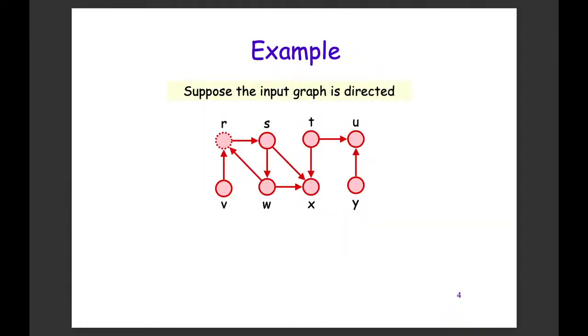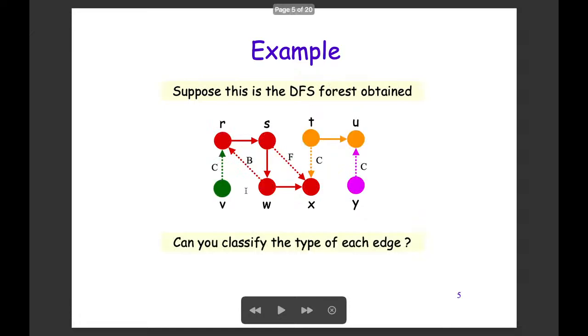Consider this input graph. This input graph is a directed graph. Let's simulate a DFS algorithm on it. Perhaps DFS would try to go to R to S, and then S could go to W or X, depending, maybe S to W, W to X. So this is one part, and then T to U, Y, and then V. So this is R to S, S to W, W to X, and then T to U, and then Y, and then V. Is that okay?